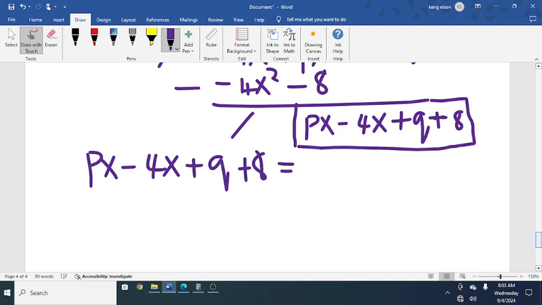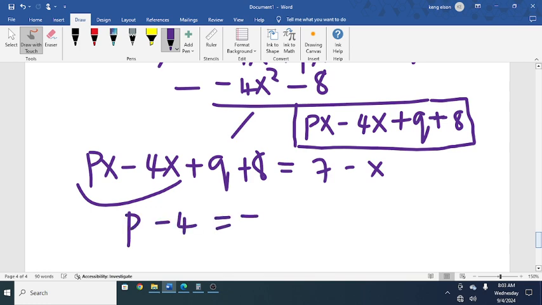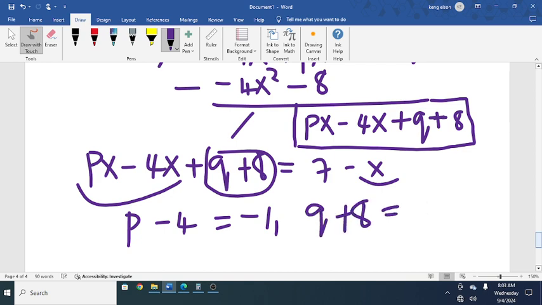So all I need to do is equate px minus 4x plus q plus 8 to 7 minus x. The coefficient of x in this term is p minus 4. We equate it to negative 1 because negative 1 is the coefficient of x on the other side. The constant term here is q plus 8, and we equate it to the constant term on the other side, which is 7.